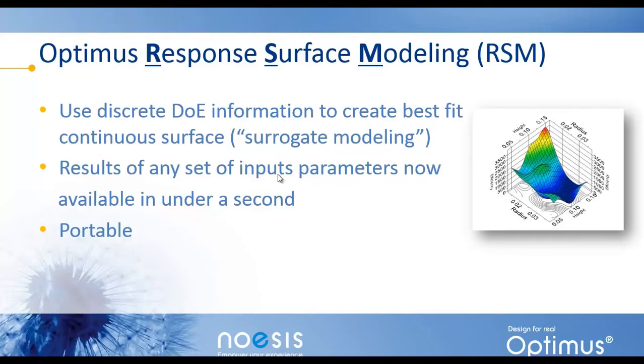The other purpose for DOE is to enable you to build an interpolation model, or it has several different names: a meta model, surrogate model, approximation model, response surface. But what it is, is built from the discrete bits of information that you got from your design of experiments.